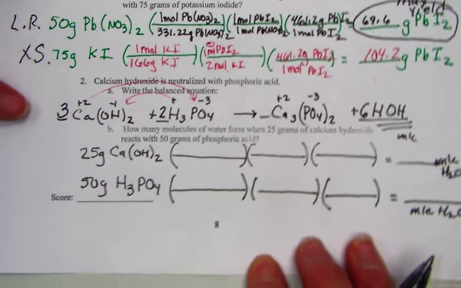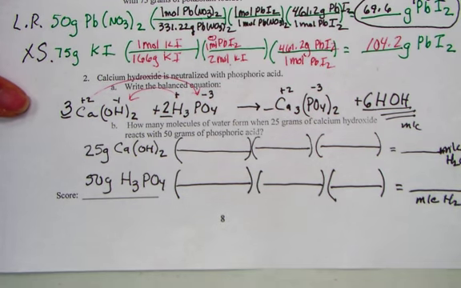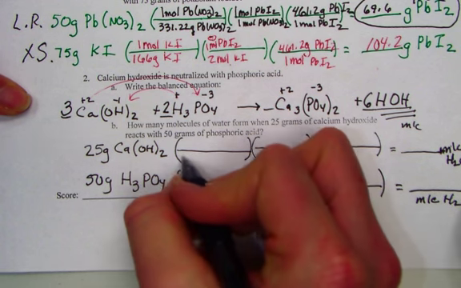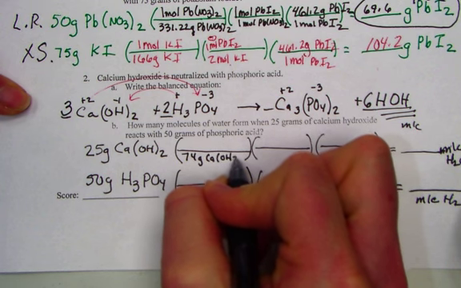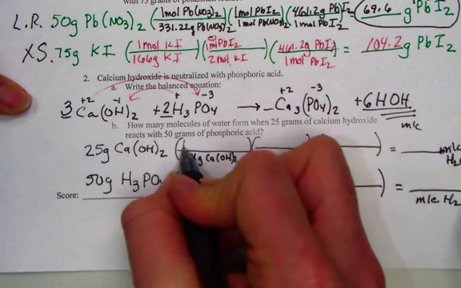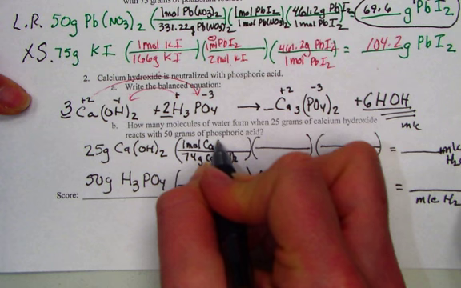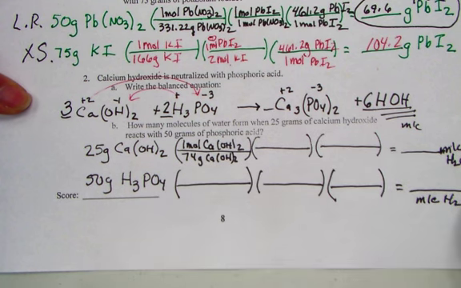When we begin, we've got to have a molar mass of calcium hydroxide for that first conversion. 40 for the calcium, plus 16 times 2 on the oxygen, and 2 more for the hydrogens. I'm finding a molar mass of 74 grams of Ca(OH)2 taken twice, 1 mole on the top of our conversion.